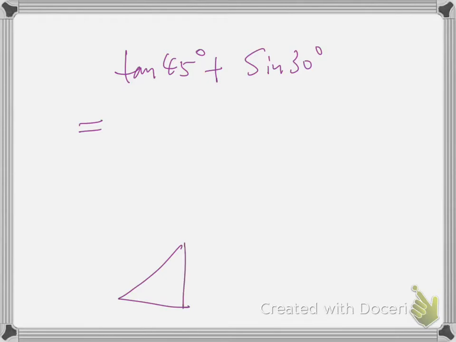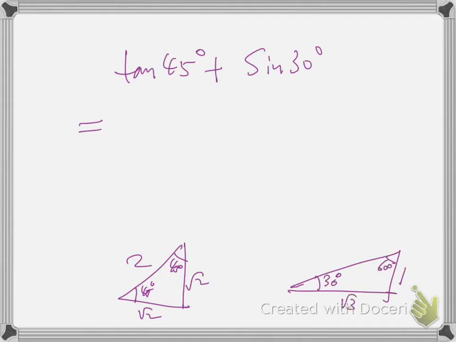Finally, we may meet a question like this: tangent 45 plus sine 30 degrees. How do we solve this? First, you draw two right triangles: 45, 45 with sides radical 2, radical 2, 2, and the 30, 60 with sides 1, radical 3, and 2.